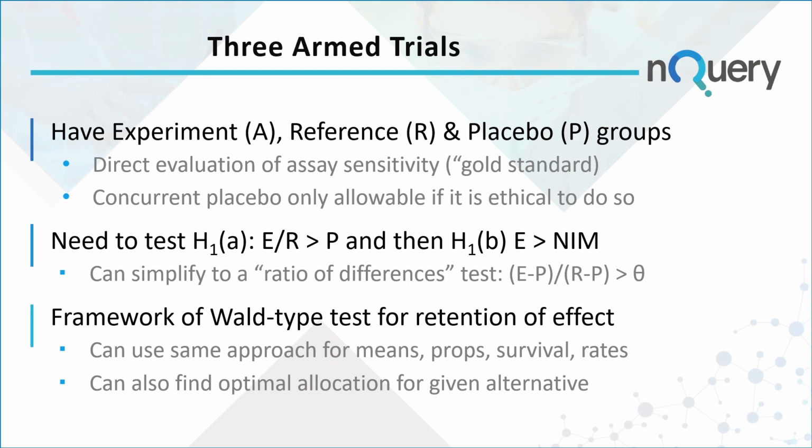And theoretically, what you just need to do if you have a placebo group is, one, test the hypothesis that your reference is better than placebo, and then test whether the experiment is non-inferior to the reference group, basically a hypothesis test greater than the non-inferiority margin. And because that's what we call a conjunctive hypothesis, both have to be true to prove your analysis.